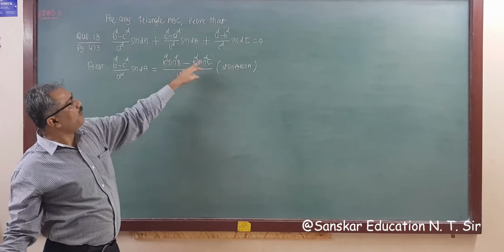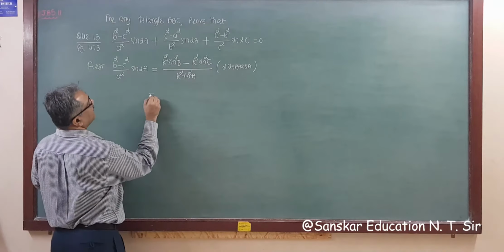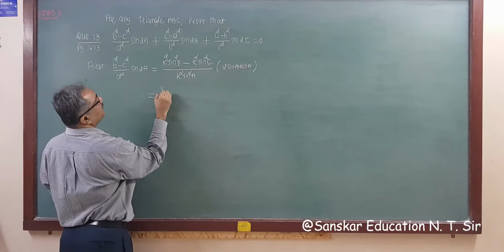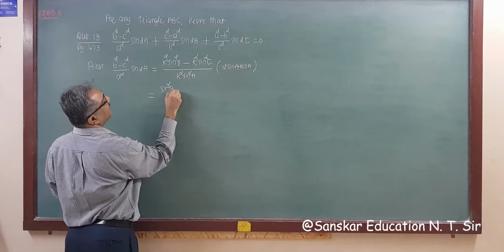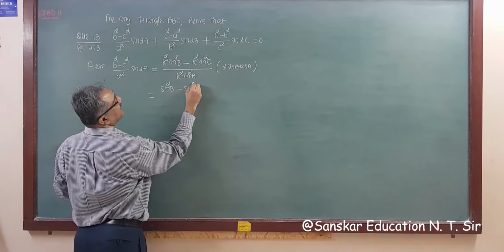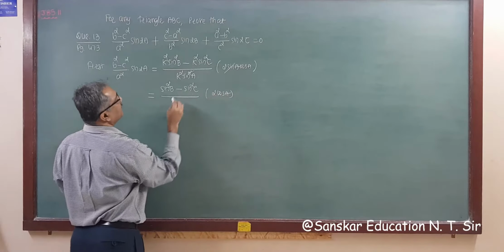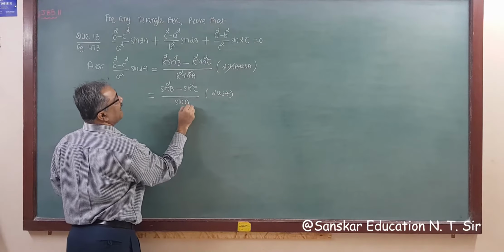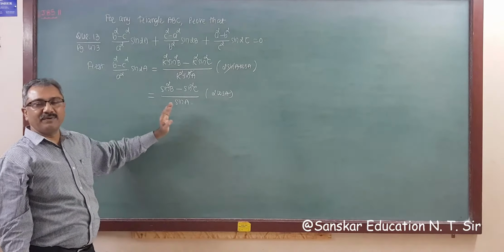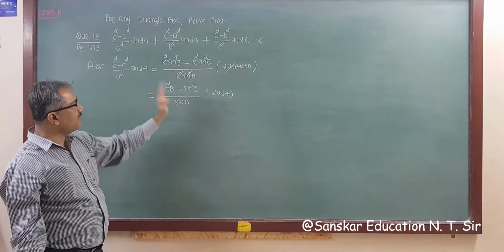So taking k square common from this, what we get? K square will be cut, so remaining will be sine square b minus sine square c, whole upon 1 sine a will be cut, so this is 2 cos a remaining here, and here this is only sine a. Now compare with previous question, same almost.